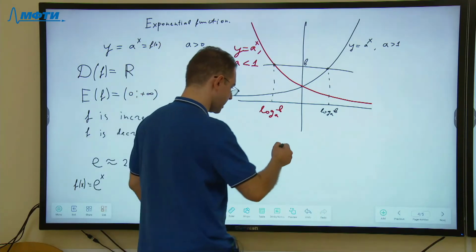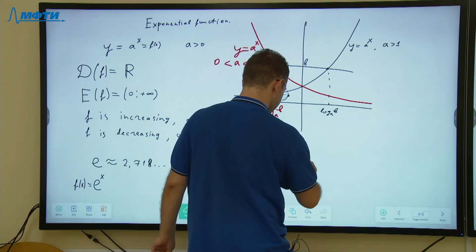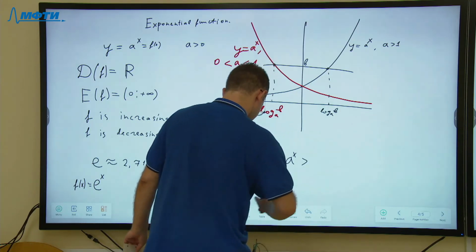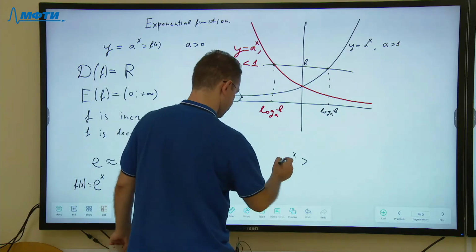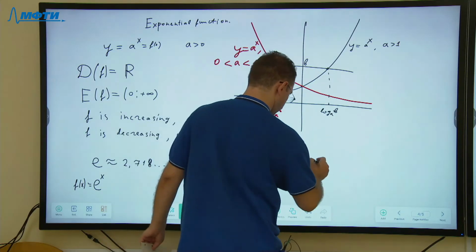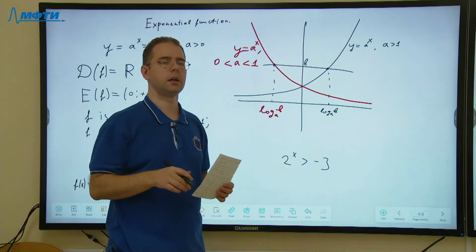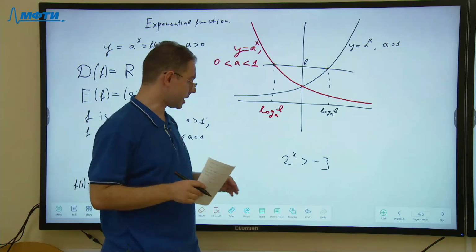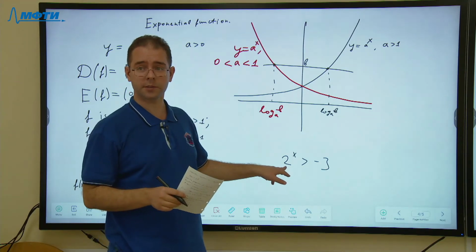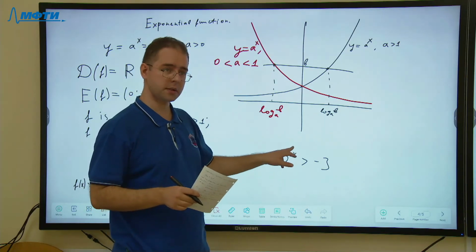For example, let's solve an inequality. Oh, let me do something specific. 2 power x is greater than minus 3. What's the solution here? Yes, of course. 2 power x is a positive number. So for any x, this value is positive and this value is negative.